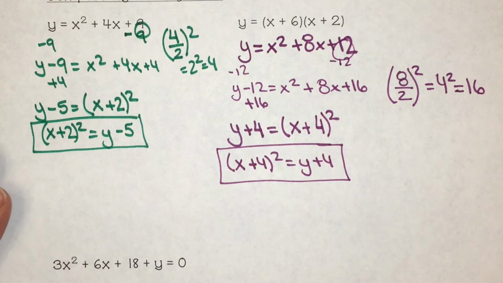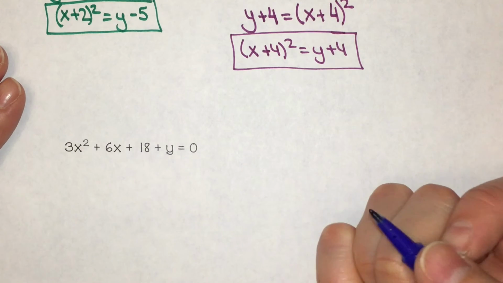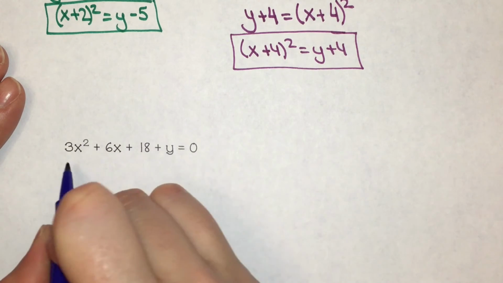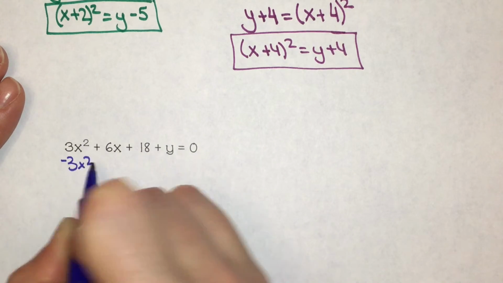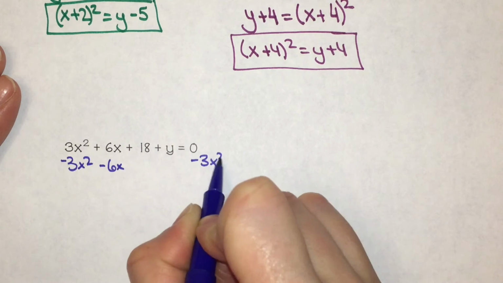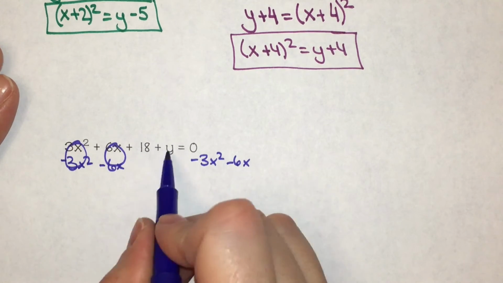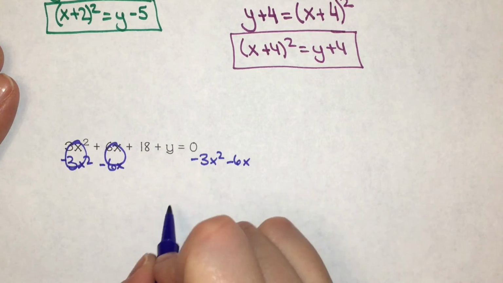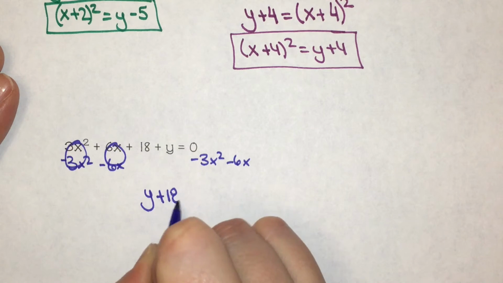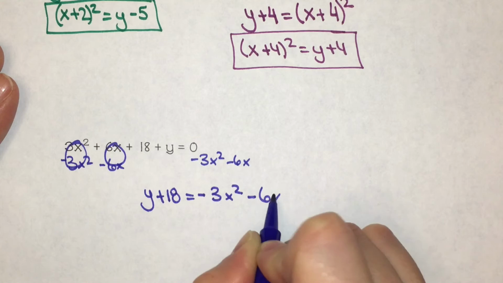Okay, our last one. All right, this was similar to the last one I did together with you. Okay, so I'm going to subtract 3x squared and 6x from both sides. And I'm going to rewrite 18 plus y to y plus 18 is equal to negative 3x squared minus 6x.